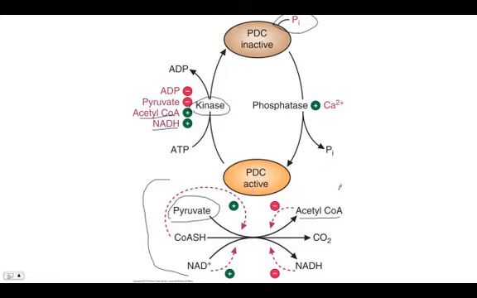Alternatively, if acetyl-CoA is high, this will inhibit the activity of the pyruvate dehydrogenase complex. High levels of acetyl-CoA will also activate the pyruvate dehydrogenase kinase, which will phosphorylate and inactivate the complex further.